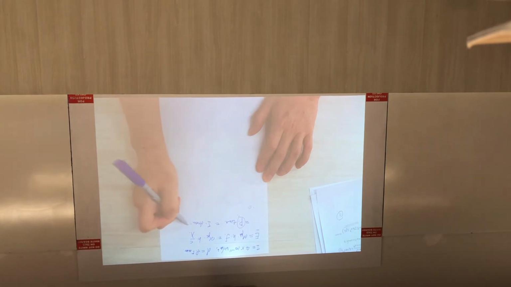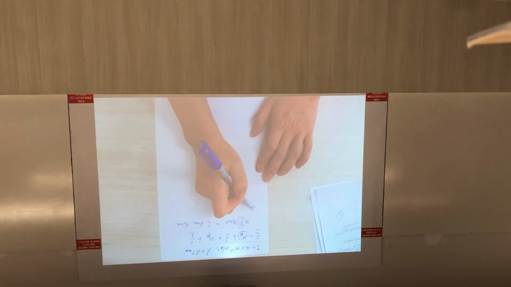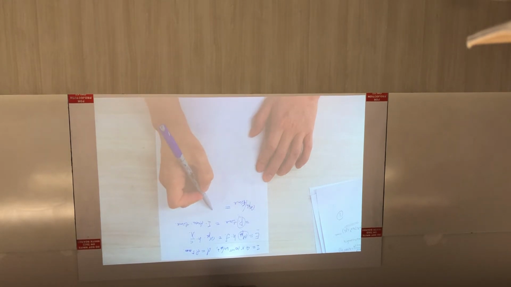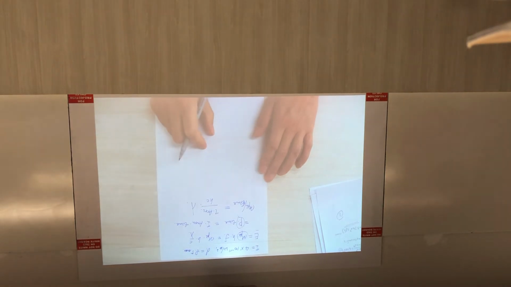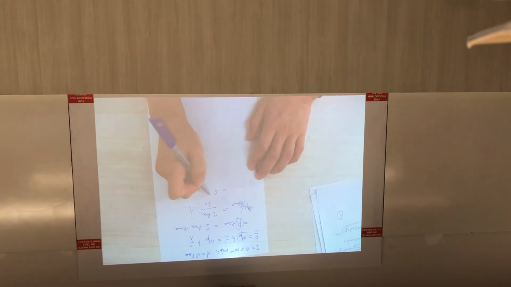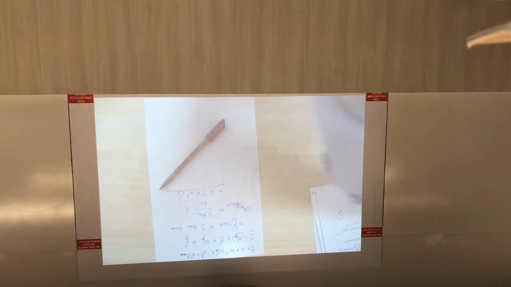Therefore, our photons per second is going to be intensity times area divided by h c times the wavelength. This numerical value is 5.7 times 10 to the 3 per second. So you can solve this.